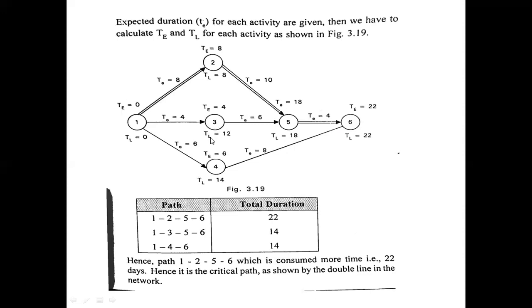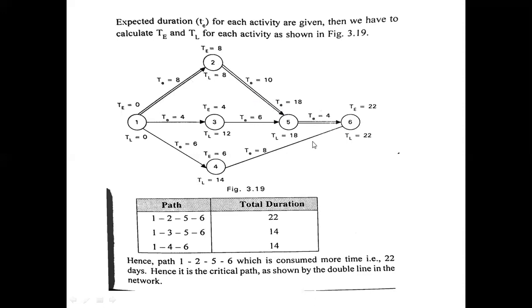Here, how to identify the critical path: we have to connect all the events which have slack as 0. That is 1, 2, 5 and 6. The critical path is represented by a double-ended arrow mark, a double line arrow mark.